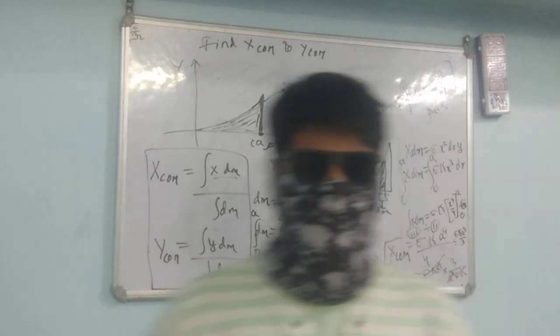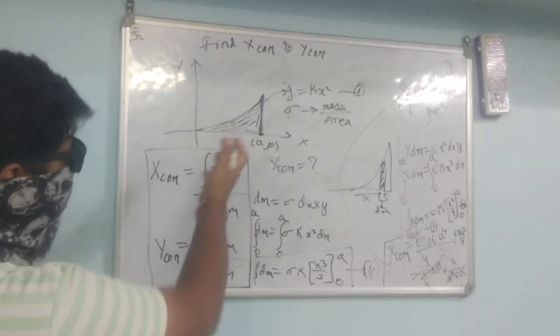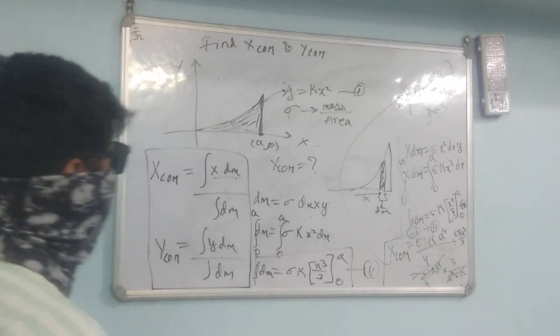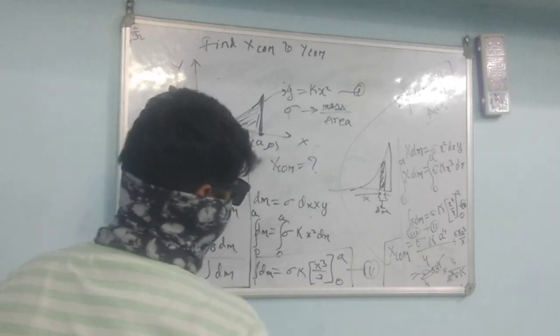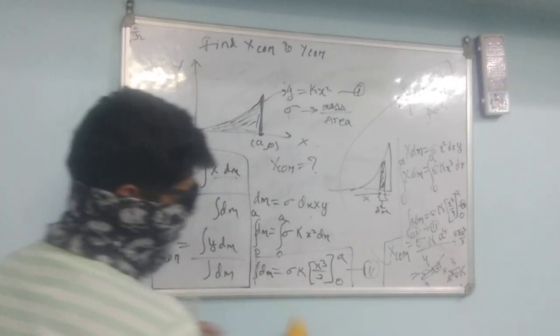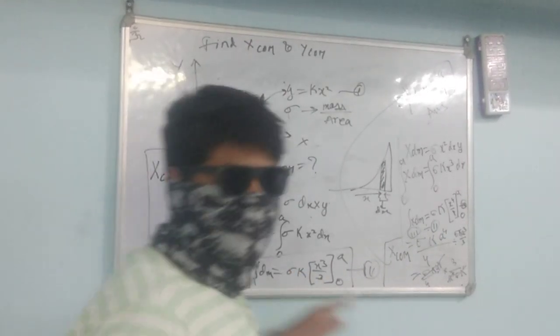Now we will find y center of mass for this same figure. So dm will be the same. There's no difference in dm. So we need this equation. This equation is common for both.